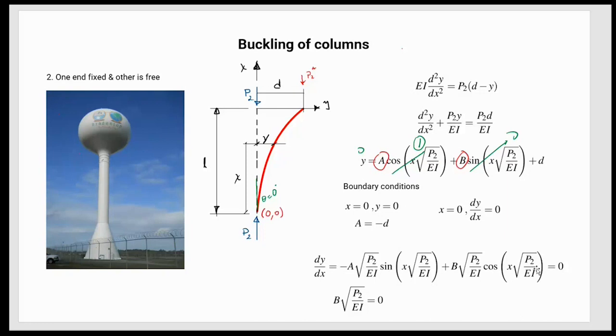And at that time, when you apply the boundary condition, then two things might happen. Either B equals 0 or this equals 0. So for this equation to be equal to 0, at least one of those two conditions has to happen.